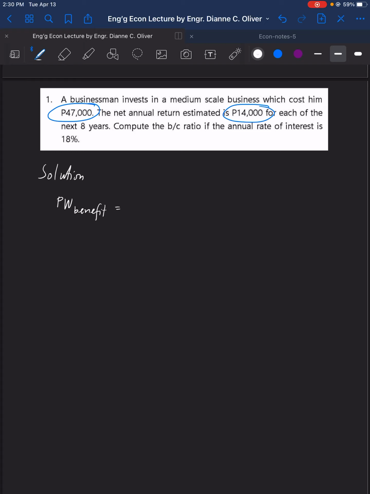So the present worth of the benefit is equal to the annuity, 14,000, the annual return, times 1 plus the percent, which is 0.18, raised to how many years? 8 years, minus 1, all over, for the present worth, 1 plus 0.18 raised to 8 times 0.18.